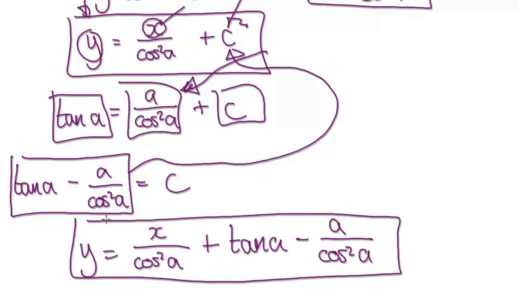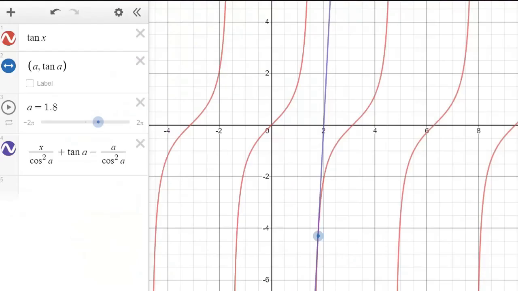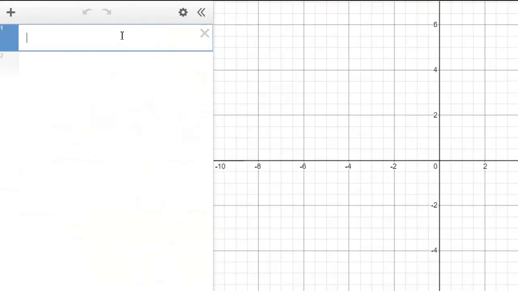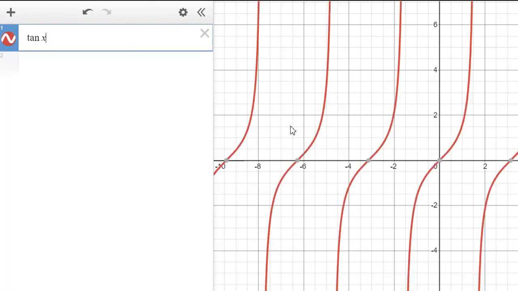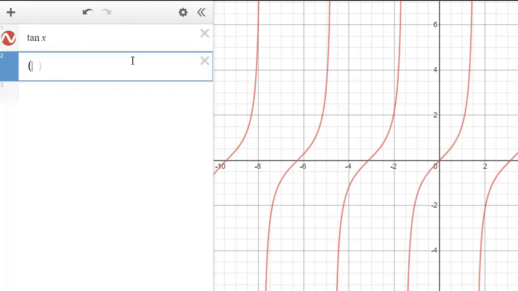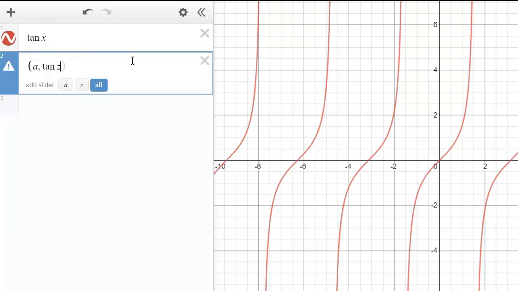So let's try and show this in Desmos. In Desmos, punch in the tan graph, tan of x. So that's our tan graph. Add our particle. At any given point, our particle will be at a, comma tan a.